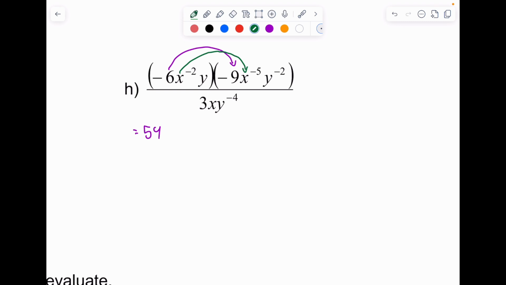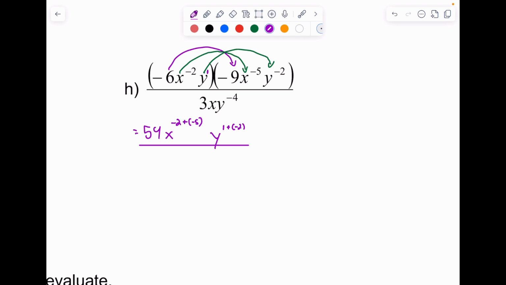So those are same bases, so you add exponents. So that's x, you have a minus 2, and then you add the minus 5. And then you have the y, multiplying that y over there. So that's y to the, technically this is a 1 here, so 1 plus negative 2.